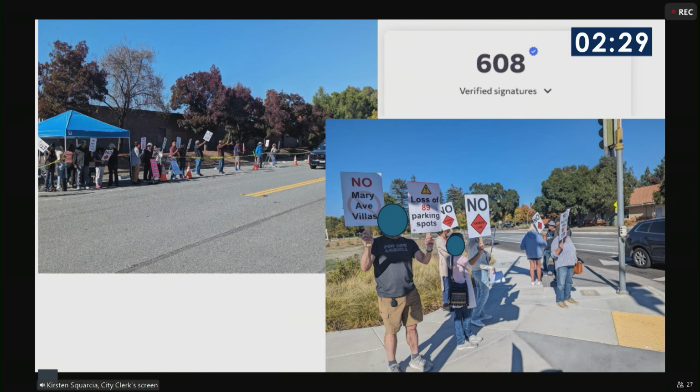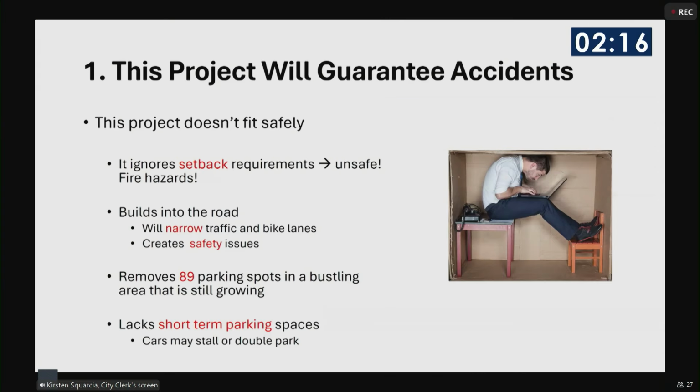We've also demarcated the outline of what the future Mary Ave building would look like if it were developed here, and you can see that it encroaches into the public roadway. Our message is simple. Please do not proceed with this project in its current state. You must halt and restart this whole process. And this time, please hear the residents and let us have a voice.